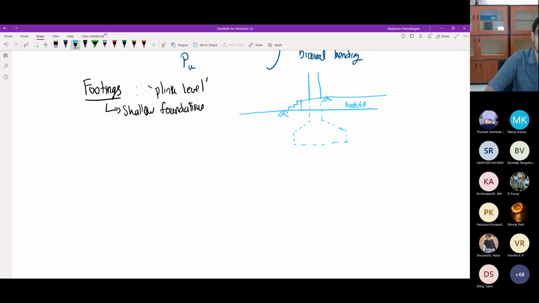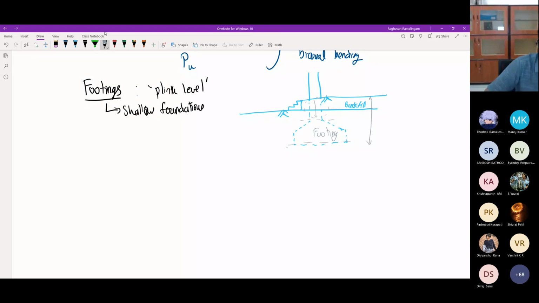Basically, only this part is known as the footing. Whatever is in the upper part is still your column. It's only the part that widens out that is known as your footing.